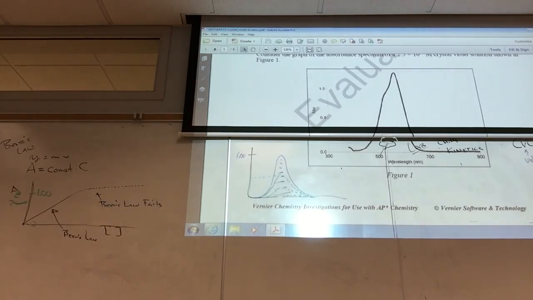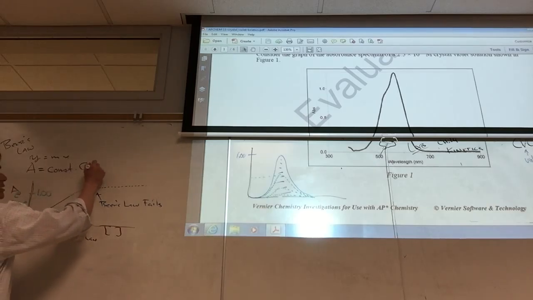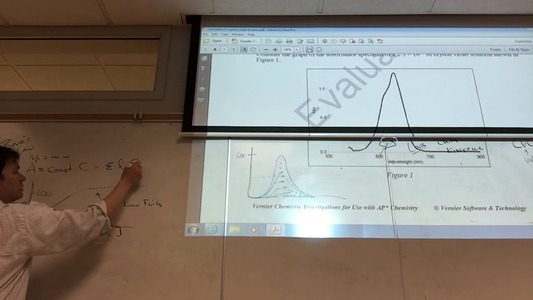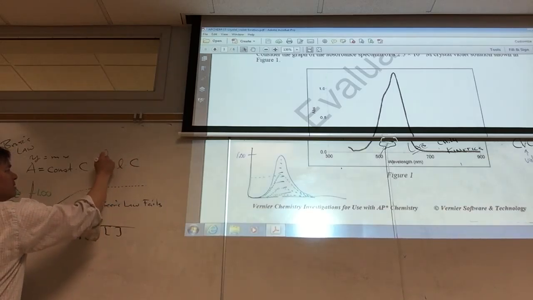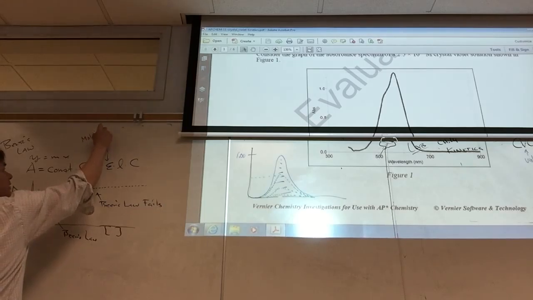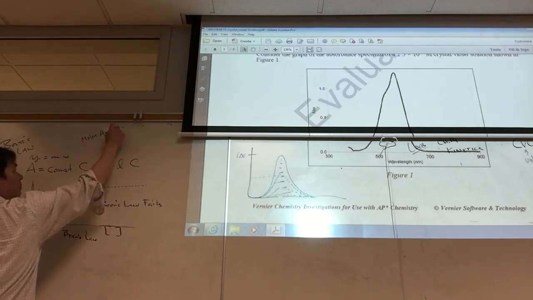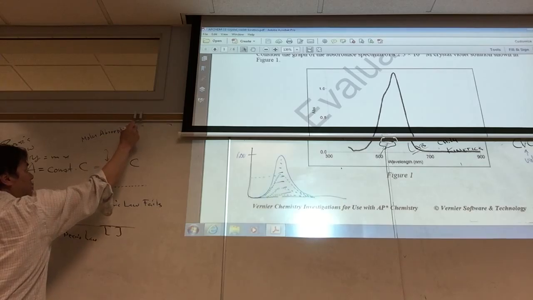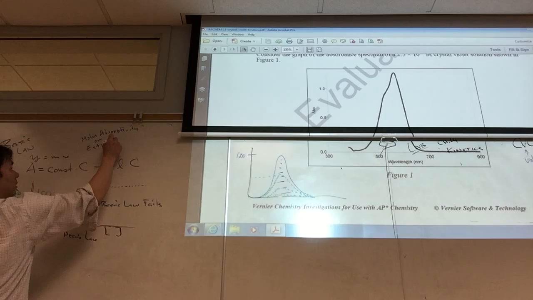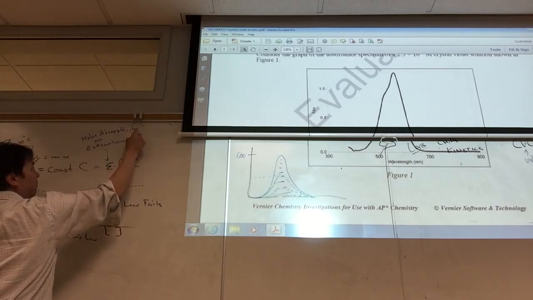We're not actually going to generate a Beer's law plot, although this handout says that we should. The reason we're not going to do that is because we know what this constant is. The constant is equal to epsilon times L times C, where epsilon is called the molar absorptivity constant, or the extinction coefficient.